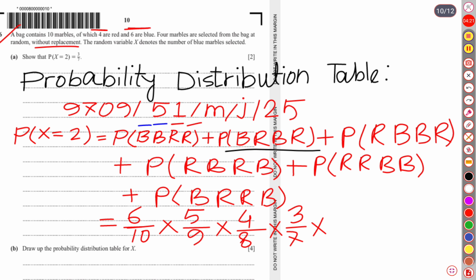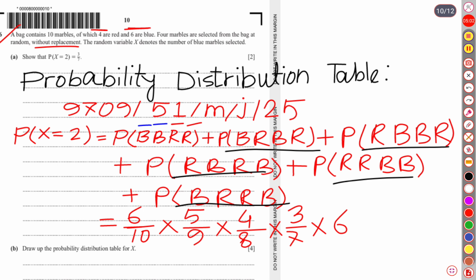Now the question is, what about the rest of the cases? In the rest of the cases, if we observe, every time the probability is the same. Why? Because as there is no replacement, every time a particular color is decreased. So all the rest of the cases are similar to the first case. That means there are 6 such cases, so we will have to multiply by 6. I think you have understood. Look, every time one blue is taken away, the number of blue marbles is decreased, as well as the total number of marbles.